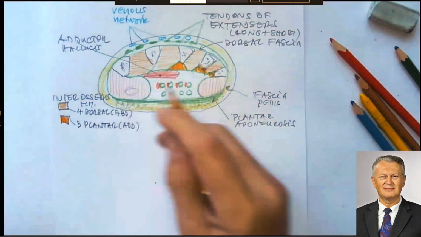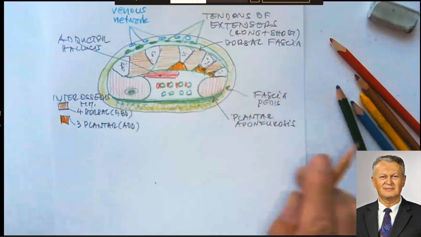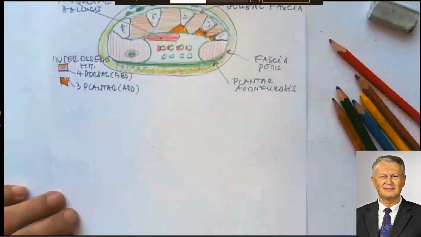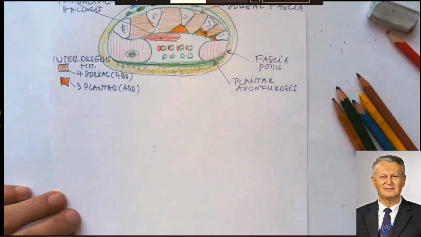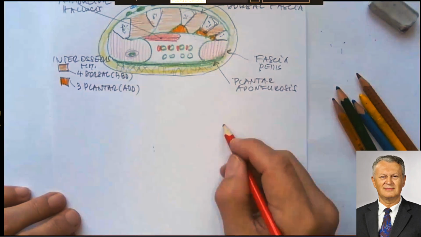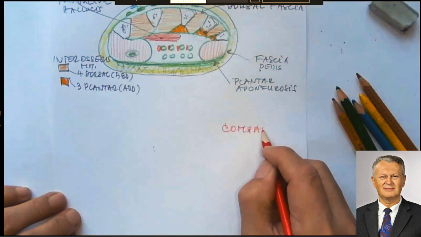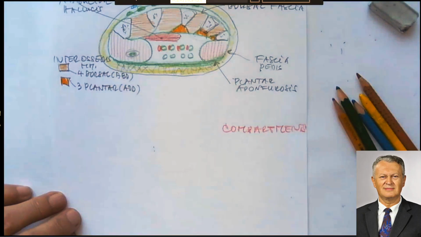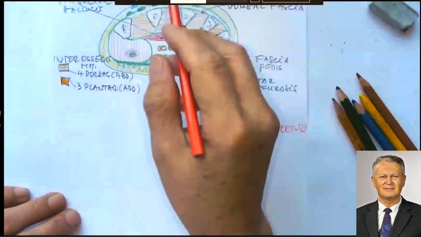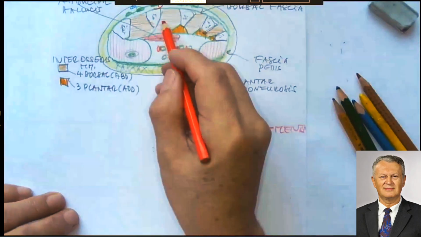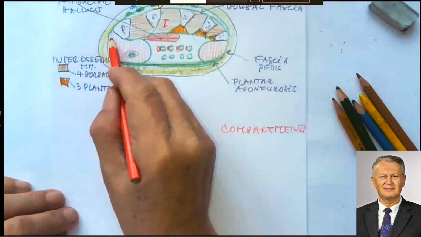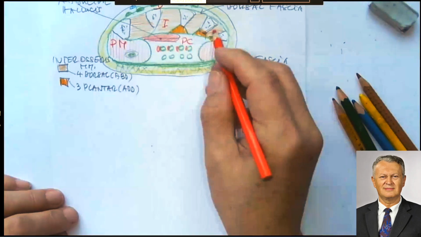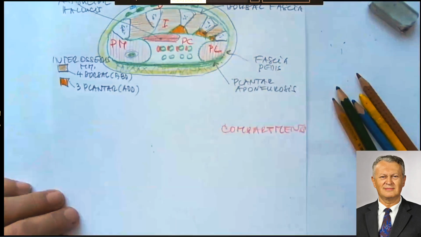Here we have the group. Maybe better would be, because we still have place here, we would say that they are compartments, important to say at the beginning, using numerals. D is dorsal, interosseous, plantar medial, plantar central, plantar lateral.